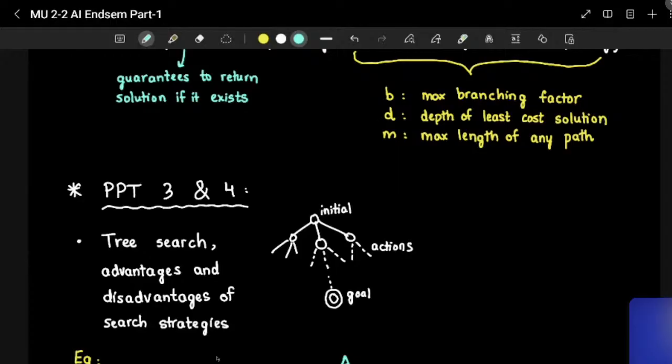D, depth of least cost solution: let's say this is a search tree and your solution is here.